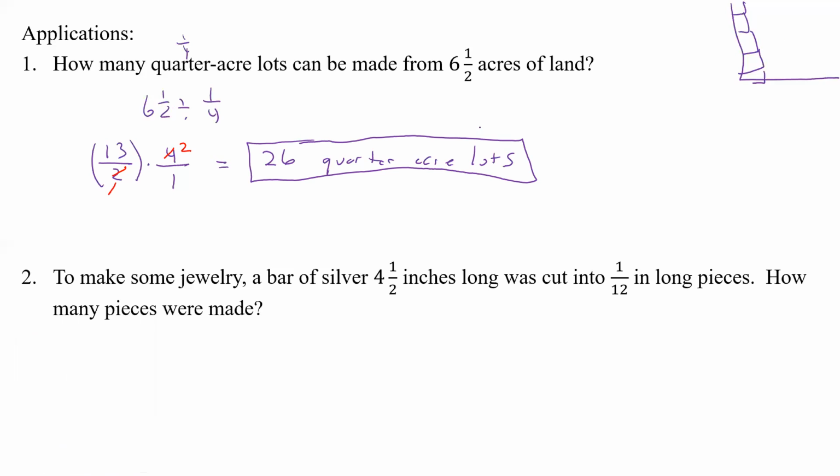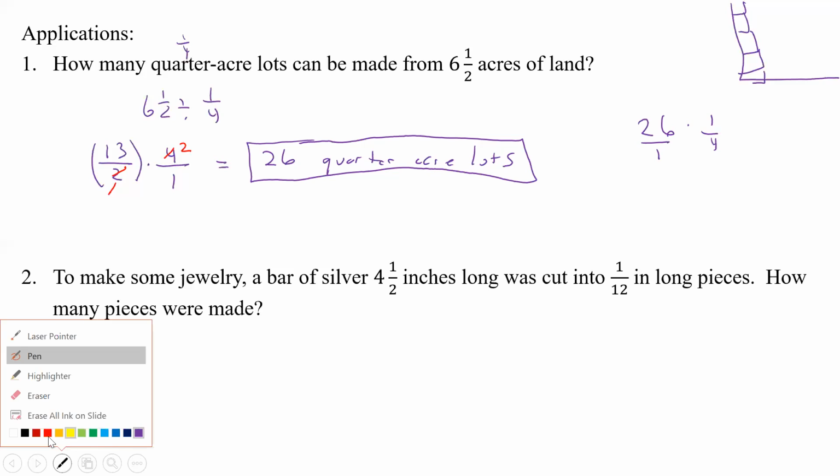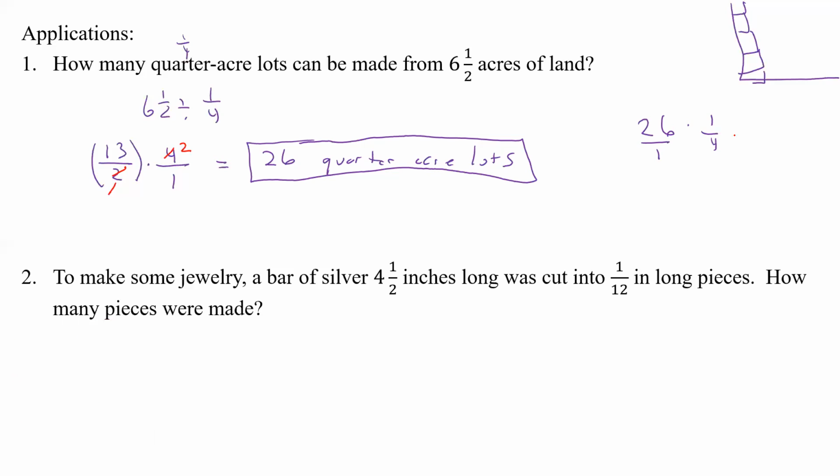Now, how can we do the check? Well, we can take our 26 times 1/4. And when we do that, we can go ahead and reduce. That's going to be 2, that's going to be 13. And so we have 13/2.